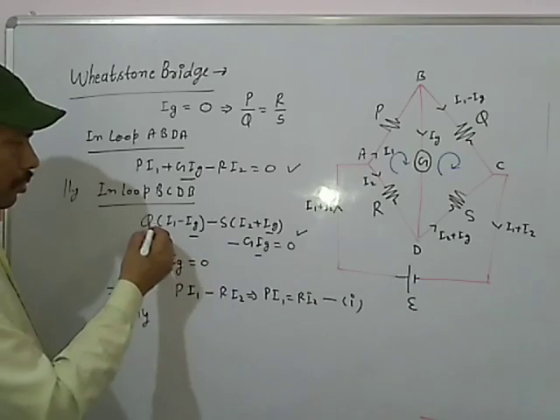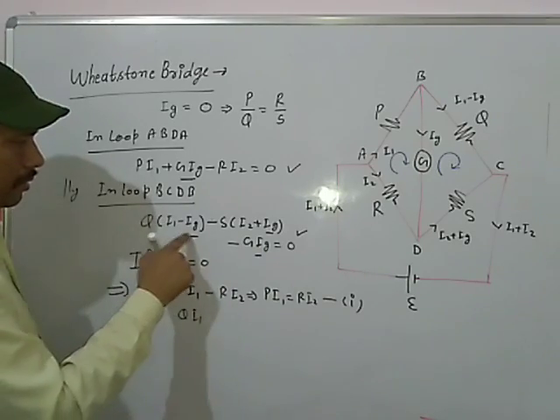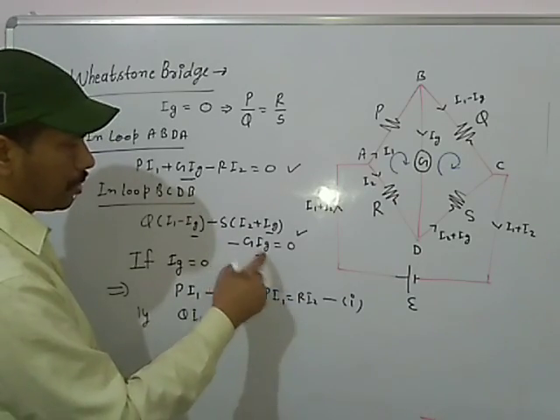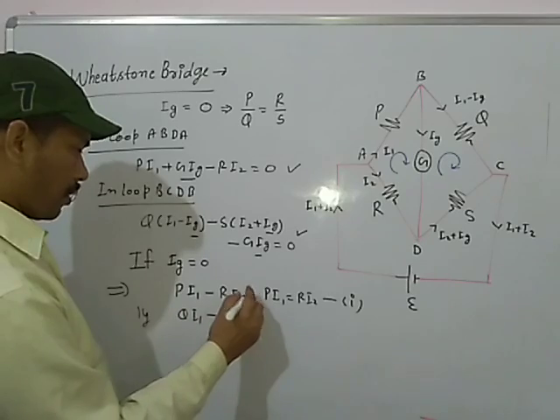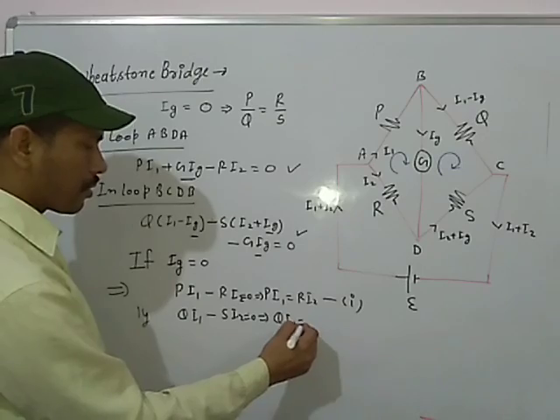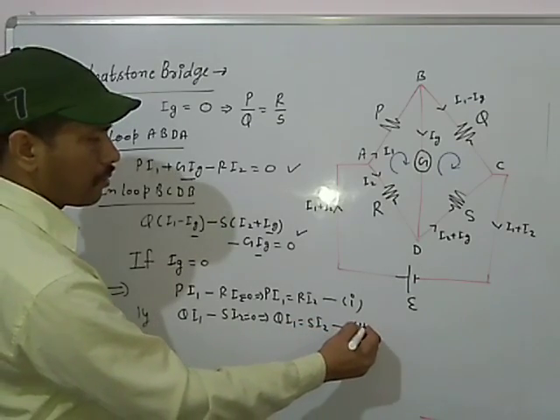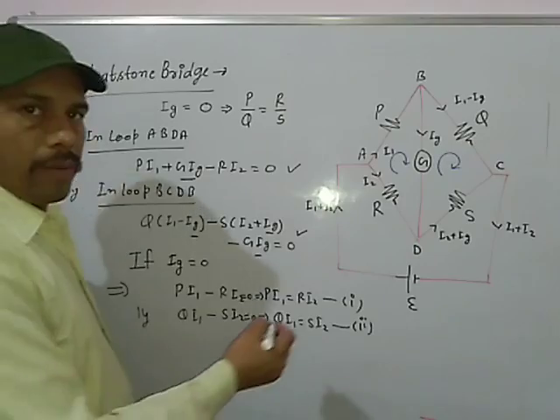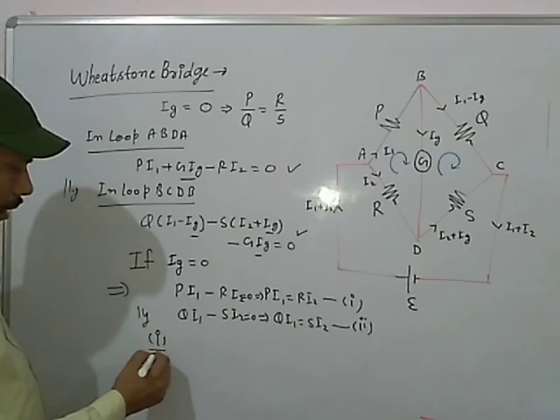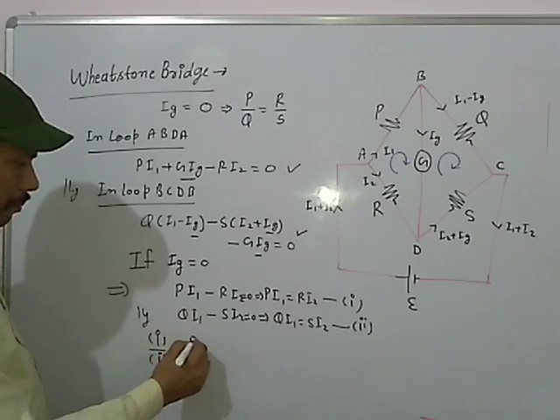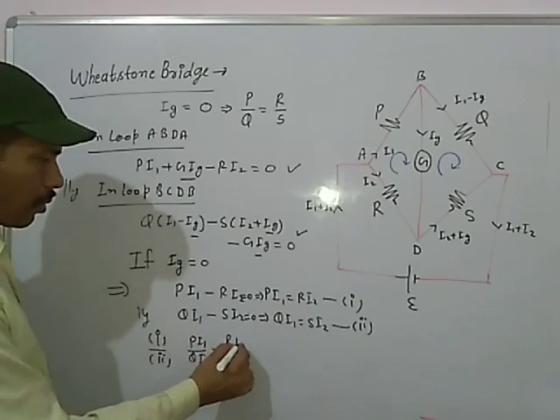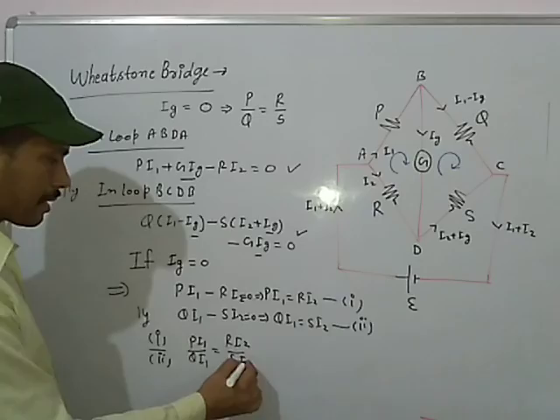Similarly, when we put IG as 0 in the second equation, Q I1 minus S I2 and G IG is 0, which implies Q I1 is equal to S I2. This is equation number 2. Now on dividing equation number 1 by 2, we get P I1 upon Q I1 is equal to R I2 upon S I2.